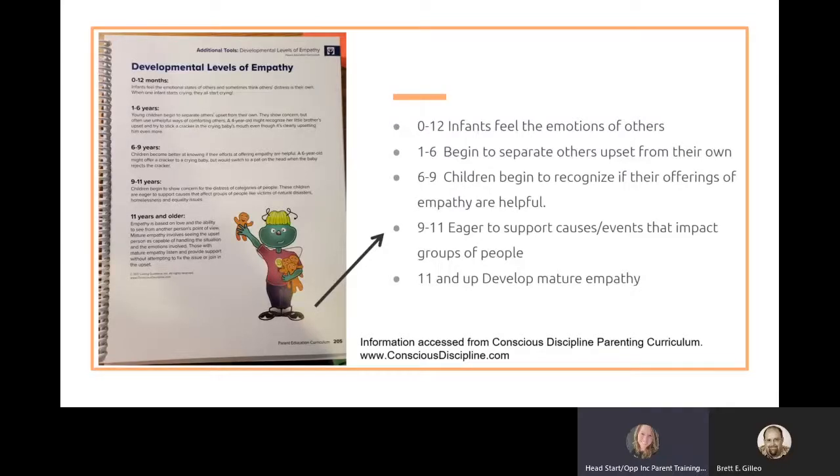And then 11 and up, if we have a good groundwork laid, they are developing that mature empathy. They're able to help people fix an issue they might be having without taking on that upset as their own. So that's developing that mature empathy.